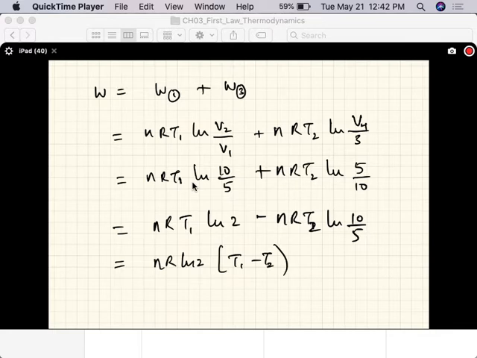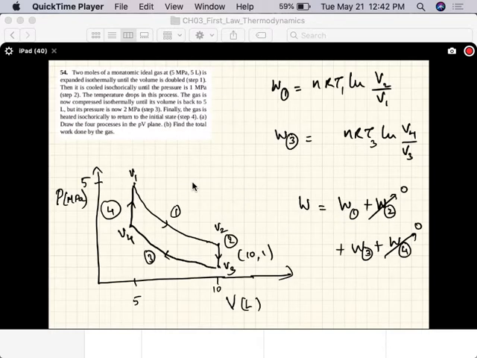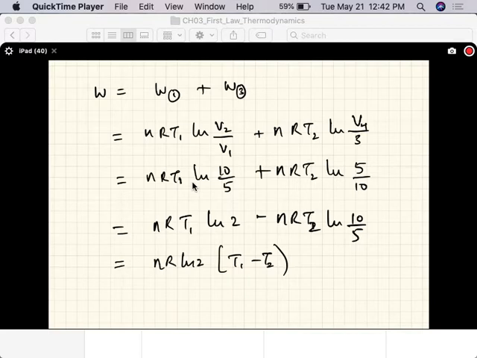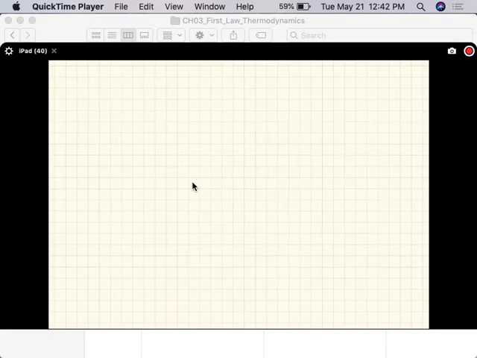All right, so let's see what all is given. 2 moles, they give us the number of moles, and R. The temperature drops in the process, so they don't give us the 2 temperatures; we have to find T1 and T2. All right, so let's calculate T1.